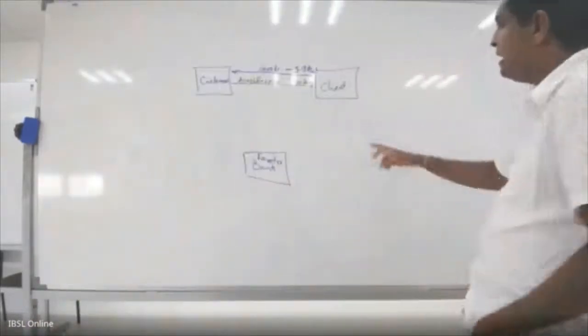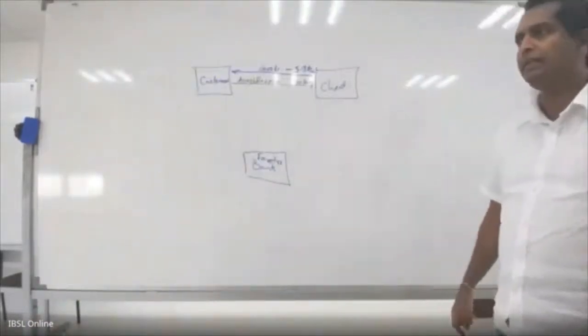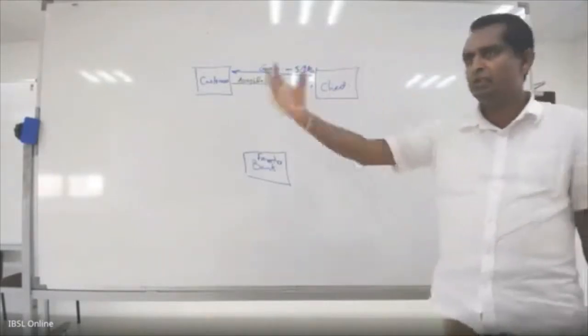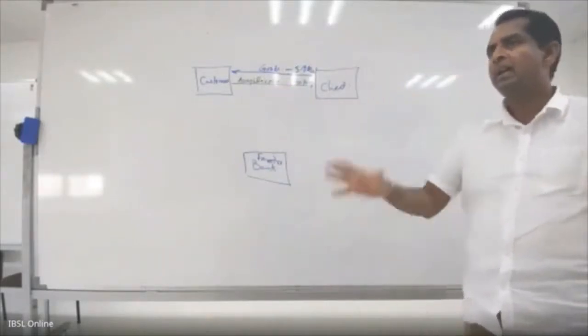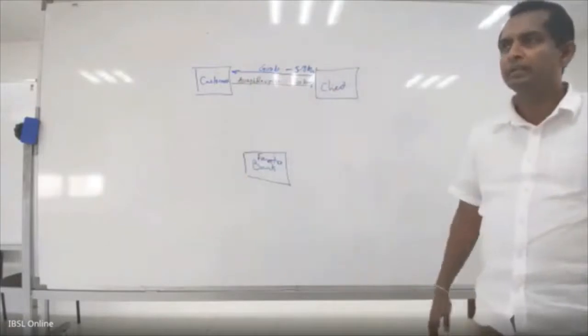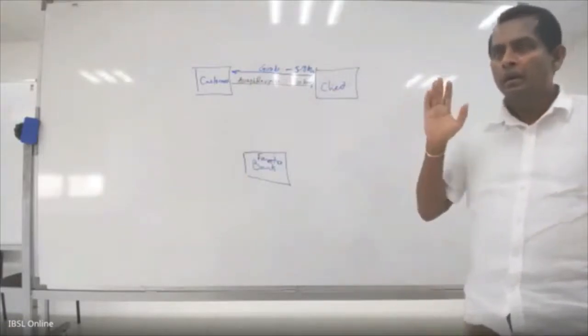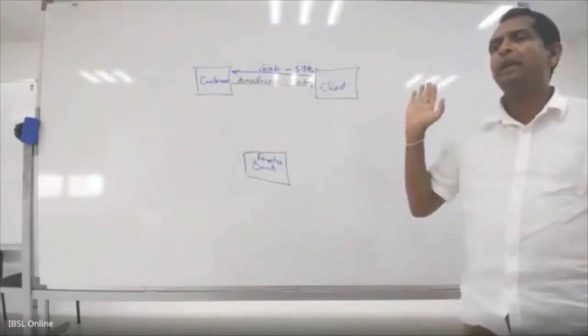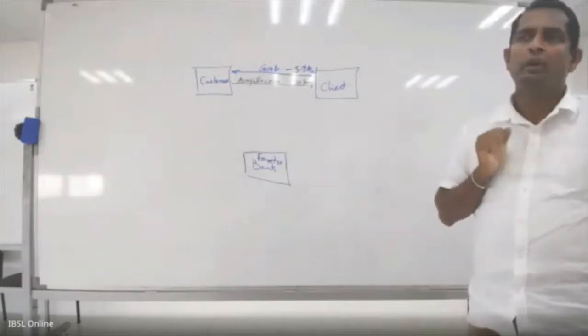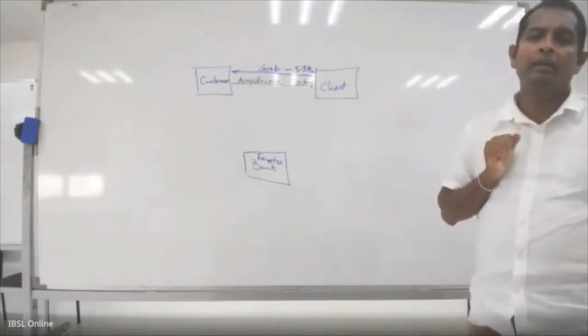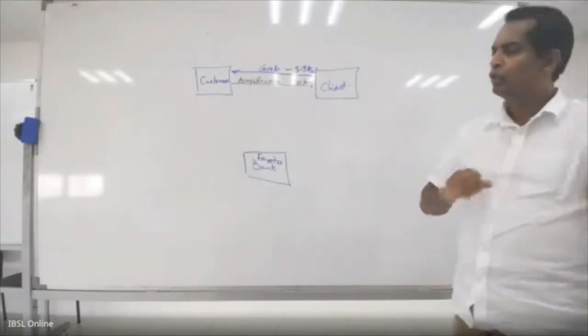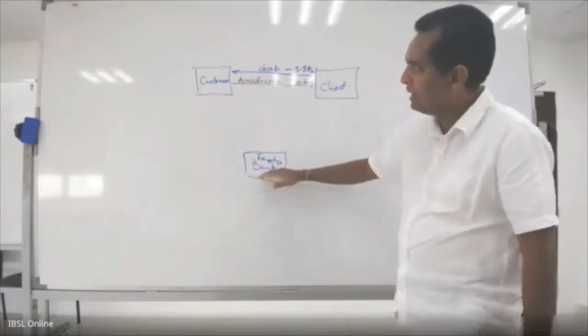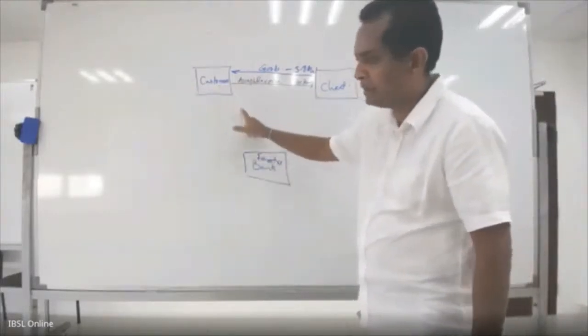Now he can come to a bank and say, I sell shoes and I have these customers and they are paying me after 30 days. So the factor can evaluate these customers.